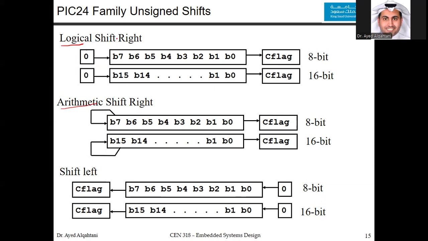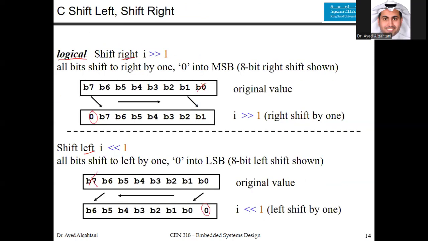Now, if you have a logical shift to the right, what you do is you introduce this 0 to the most significant bit, and then you drop the B0, similar to what we explained here. You introduce the zero and you drop the B0.